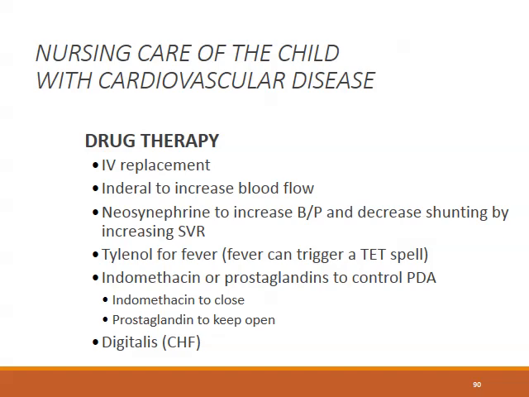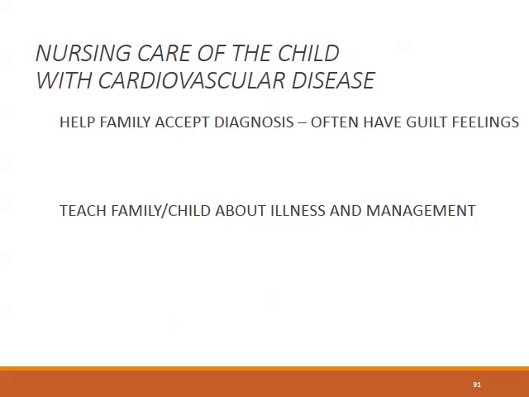At the slightest sign of fever, we need to give Tylenol. Indomethacin or prostaglandins to control PDA. So indomethacin to close and prostaglandin to keep open. Just remember that. And then digitalis, especially for those with CHF.